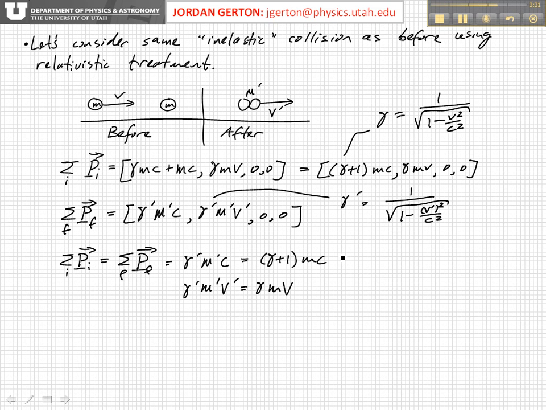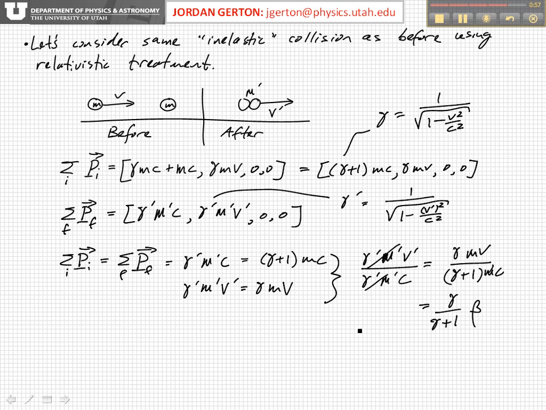Okay, and so if we look at these two components and we divide them, gamma prime M prime v prime divided by gamma prime M prime c, we get gamma mv over (gamma plus 1) mc, and so this is equal to gamma over gamma plus 1 times beta.